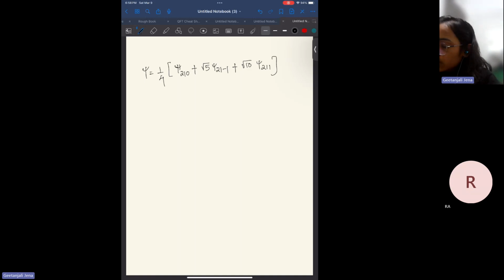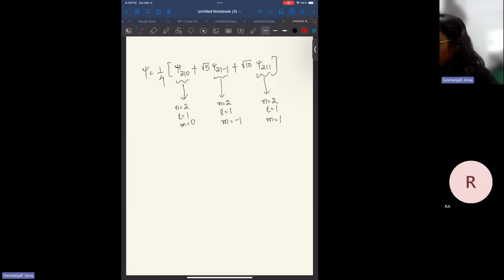First, you have to see what is the NLM for each eigenstate. Here n is 2, l is 1, m is 0. Here n is 2, l is 1, m is minus 1. Here n is 2, l is 1, m is 1. So you see that n and l are the same for all these three eigenstates. Only the m is different.